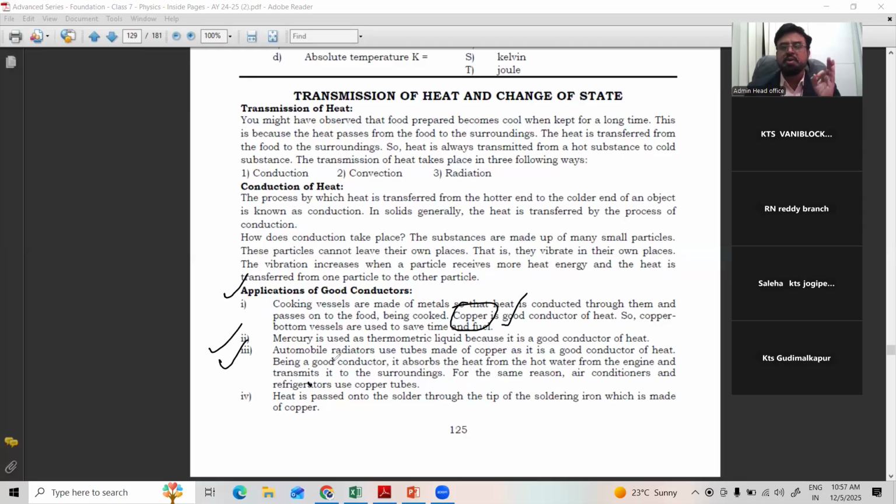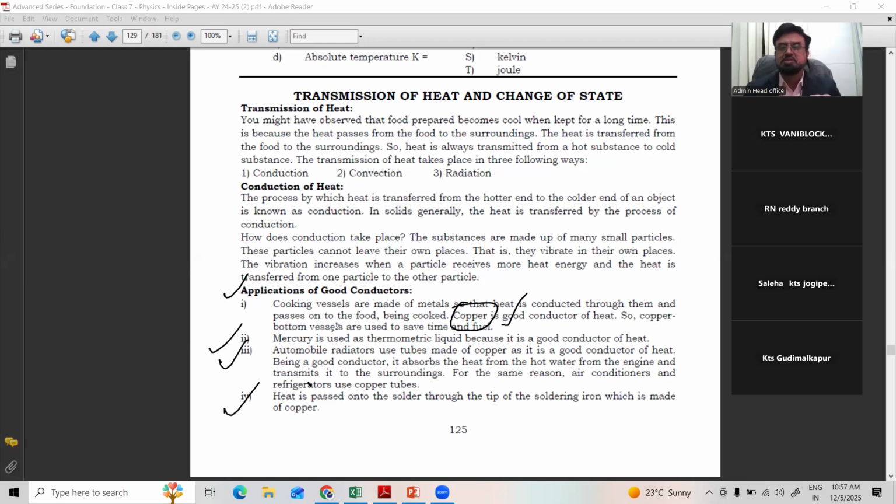Overall, copper is a good conductor, so you can find its applications not only in automobile engine radiators but also in refrigerators and air conditioners. The fourth one: heat is passed onto solder through the tip of the soldering iron, which is made of copper.